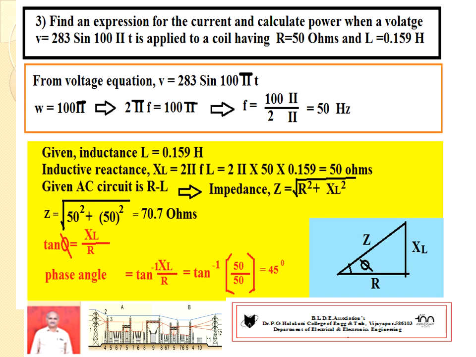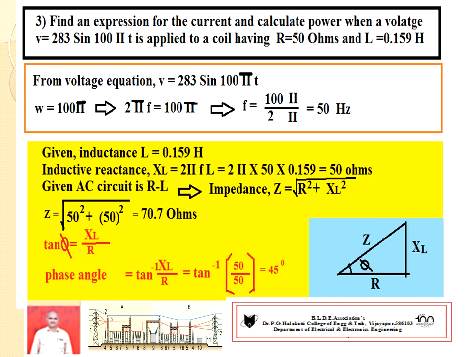After that, from the given data, we can construct it. Starting from the applied voltage, V equal to 283 sin 100 pi t, it is the instantaneous voltage. The first term behind the sine is the maximum voltage.